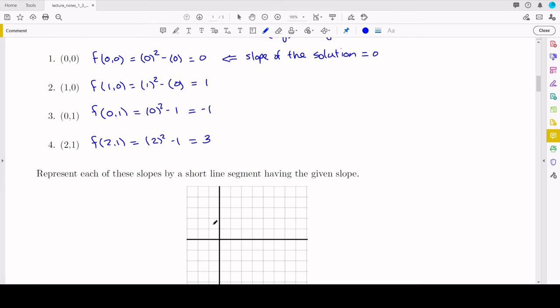Now let's represent each of these slopes by a short line segment having the given slope. We start out at 0, 0, and the slope of the solution is 0 there.